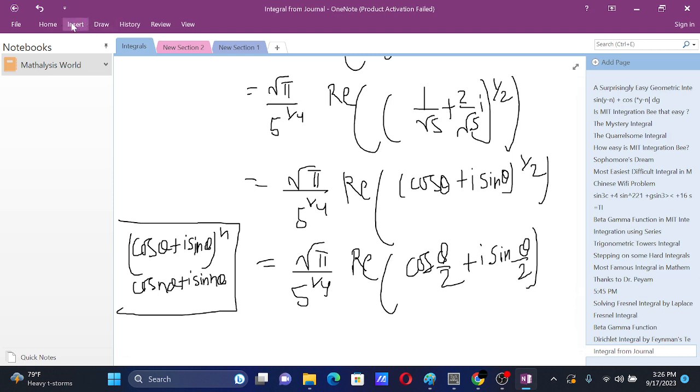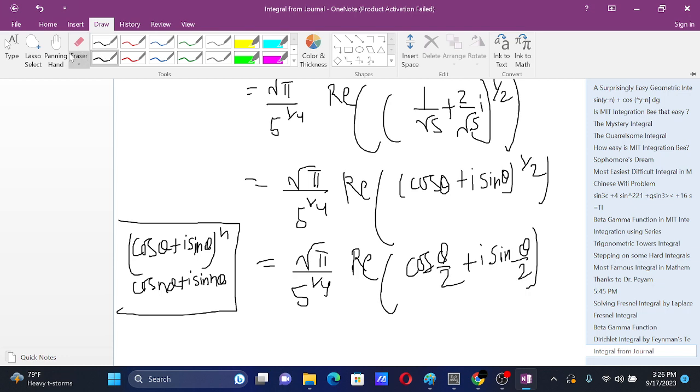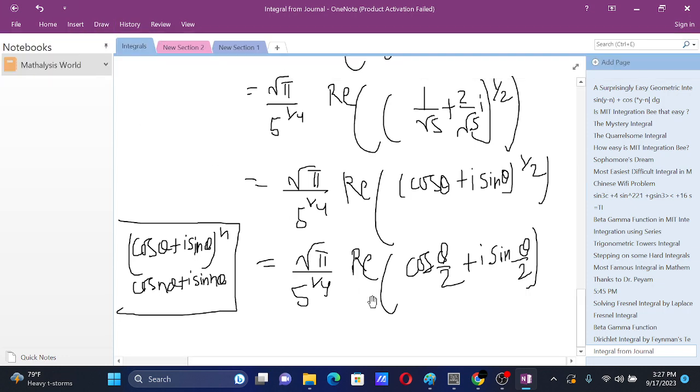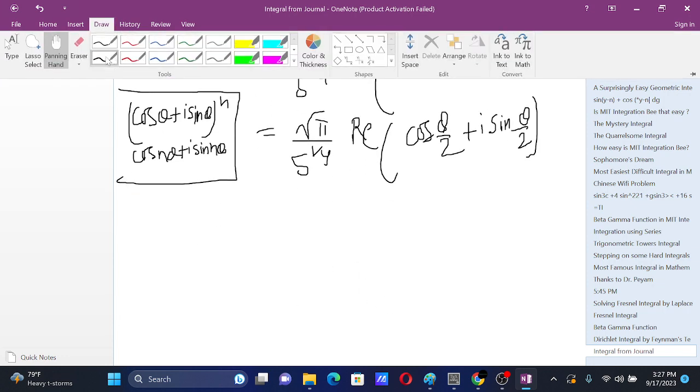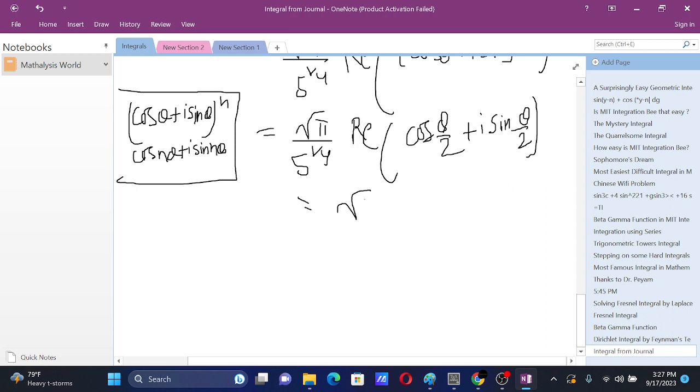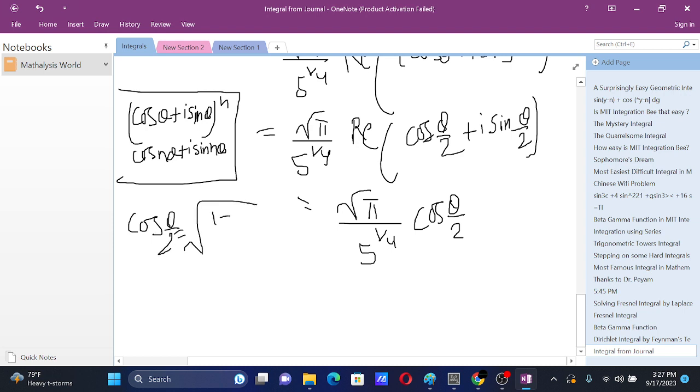Okay, now our real part is just cos theta by 2. So the answer of the integral is root 5 by 5 to the power 1 by 2 cos theta by 2. But now we need to find cos theta by 2. We know cos theta by 2 is the root of (1 minus cos theta) over 2.